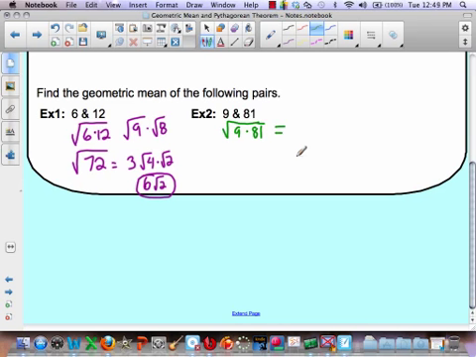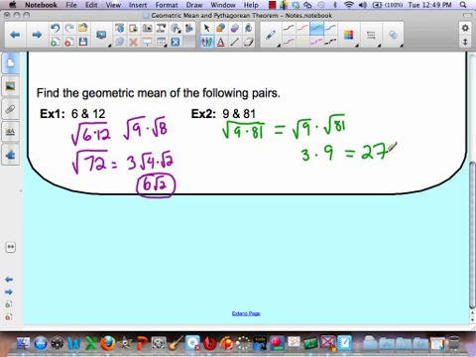What do you notice about 9 and 81? They're perfect squares. So we can immediately separate them and get directly to our answer. The square root of 9 is 3. Square root of 81 is 9. 3 times 9 is 27.